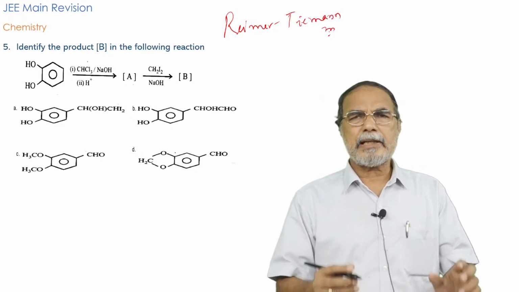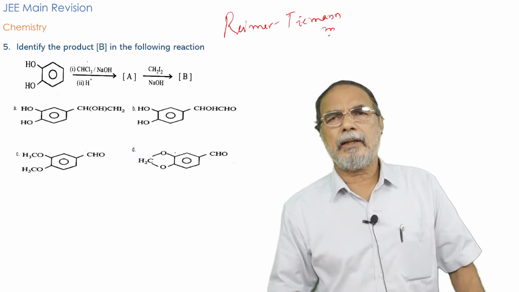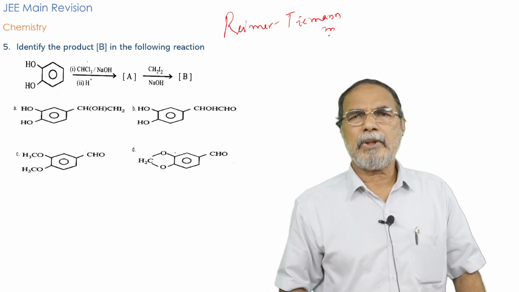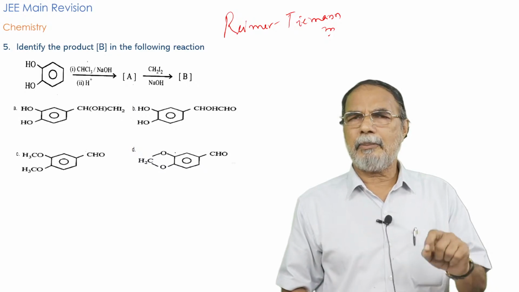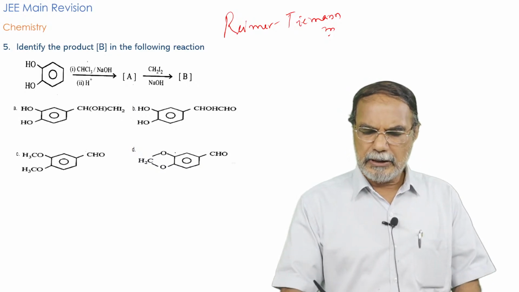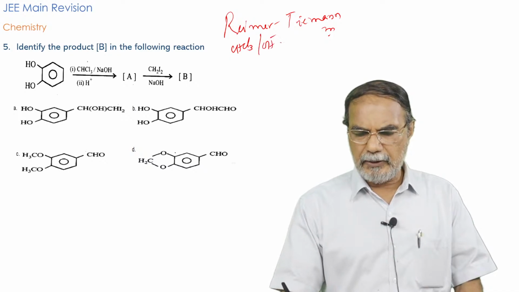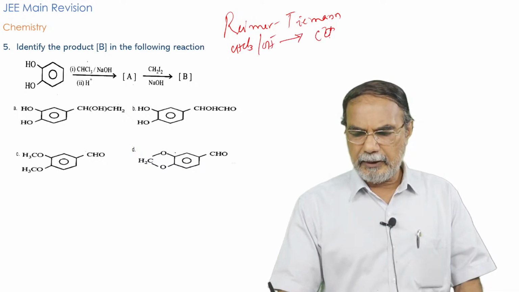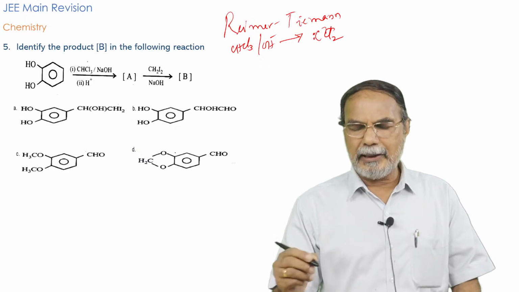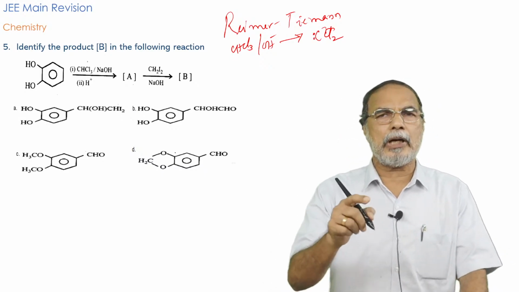And what is the net result of this Reimer-Tiemann reaction? The mechanism is very unique because the chloroform and alkali combination generates a very special electrophile, the dichlorocarbene.